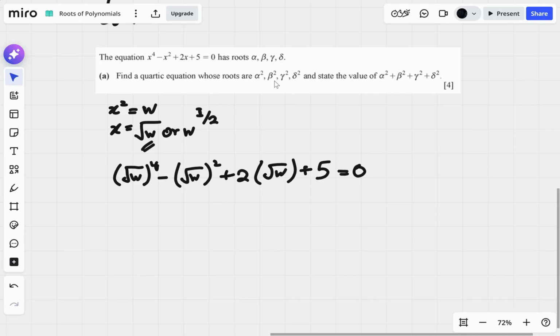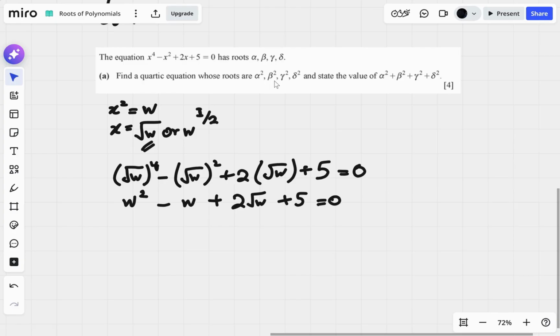You have to know how to get rid of the square root and when to take something to the other side of the equation. Here it's kind of simple. This can just become w squared. This can just be w. And here, this one would still stay 2 under root w. And this is just 5. So this is equal to 0.